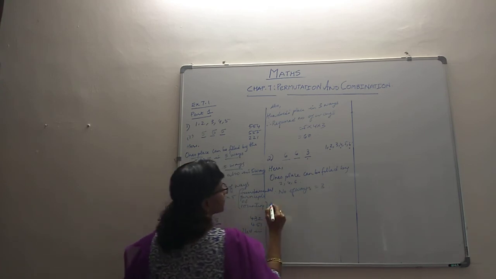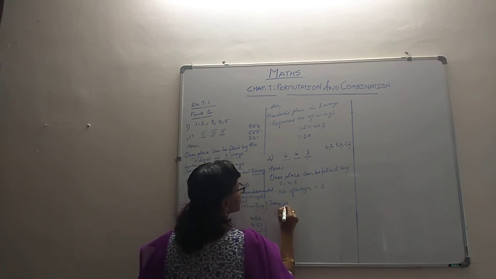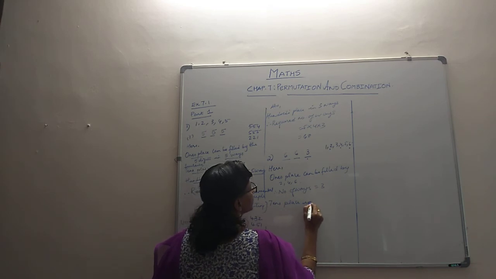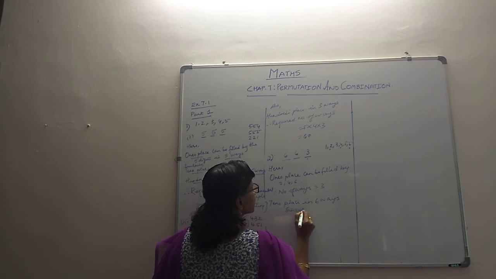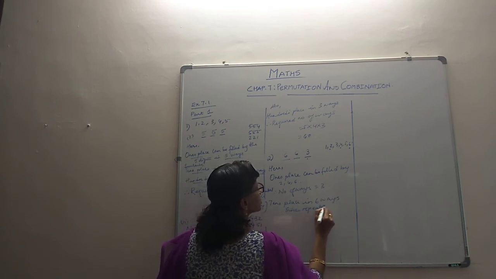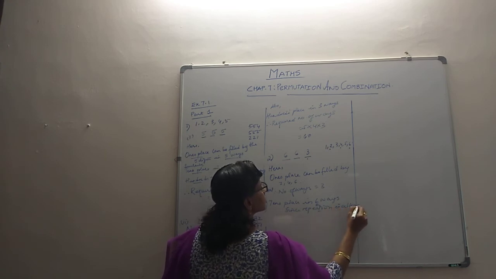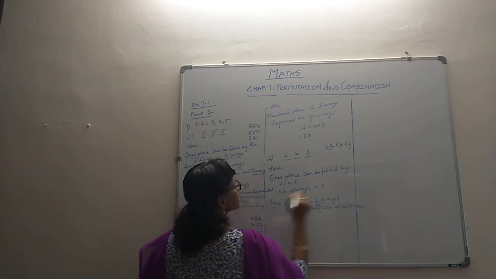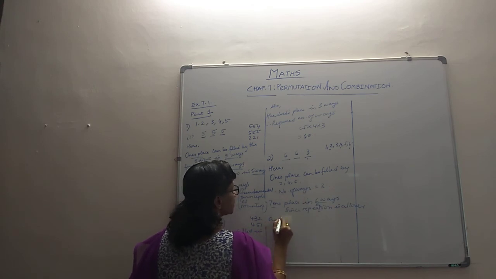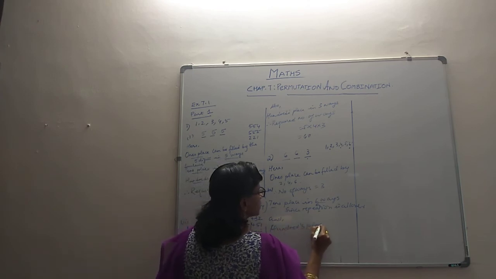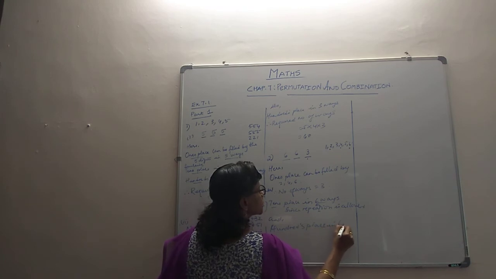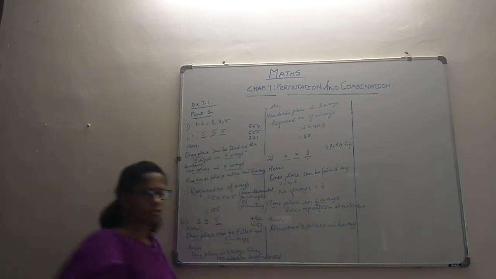Then, tens place in 6 ways, since repetition is allowed. And hundreds place also in 6 ways. Why? Because they are allowing you the repetition.